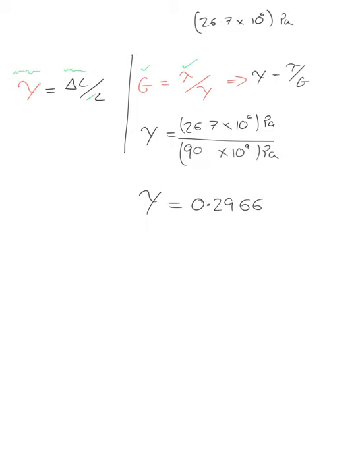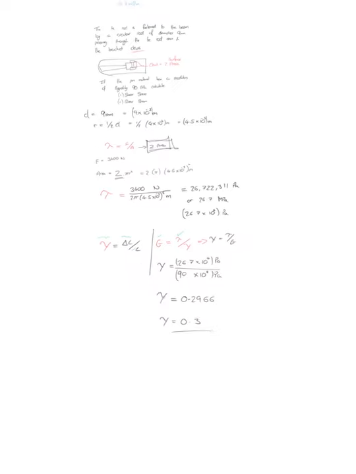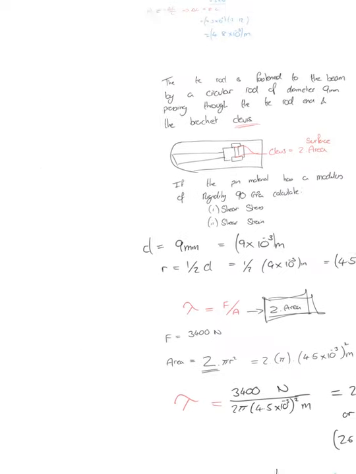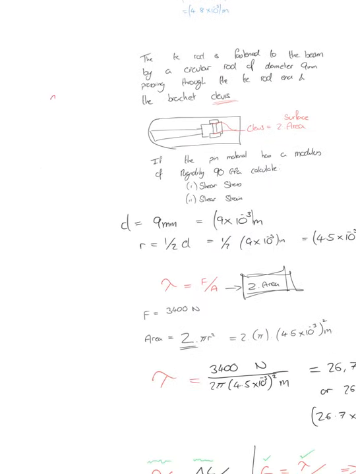There's no unit, so I'll round it up to 0.3. That's us done. We've solved for the 5 questions in both of these systems. The tensile system up here, and the shear force system down here.